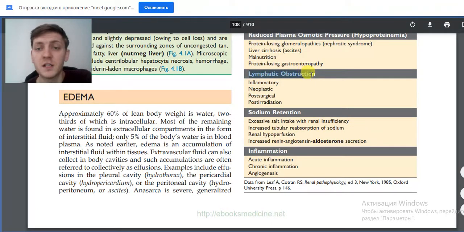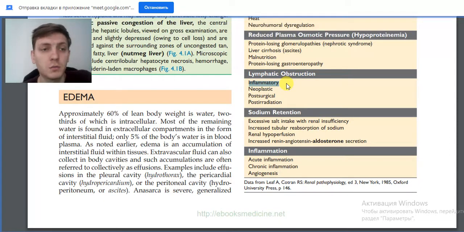Lymphatic obstruction might be caused by inflammation. For example, just imagine your finger gets inflamed. In your finger you have some bacteria, and then by lymphatic capillaries it enters into the ankle joint lymphatics, for example, the lymph nodes, and this lymph node gets inflamed due to the bacteria.